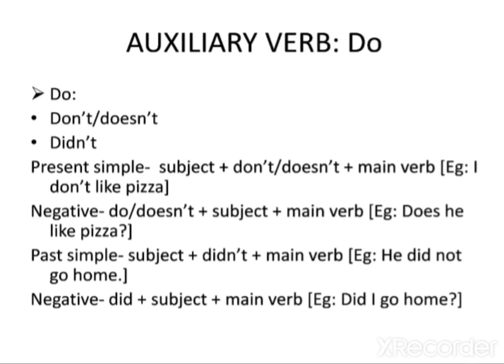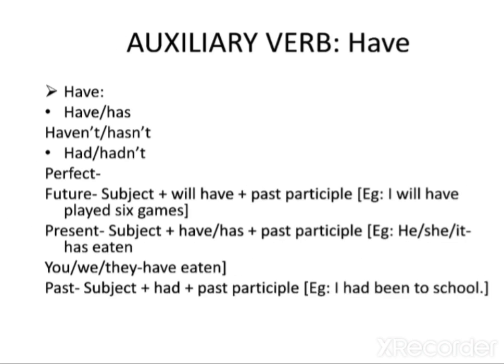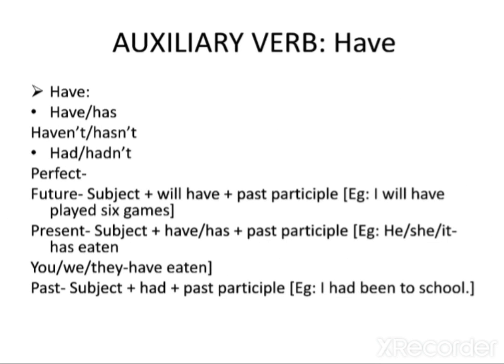Now next one is the most exciting one. We are going to use have, has, negative have not and has not, and then we have the past had and had not. So when we use the verb as an auxiliary have, we use it for perfect tenses in English.